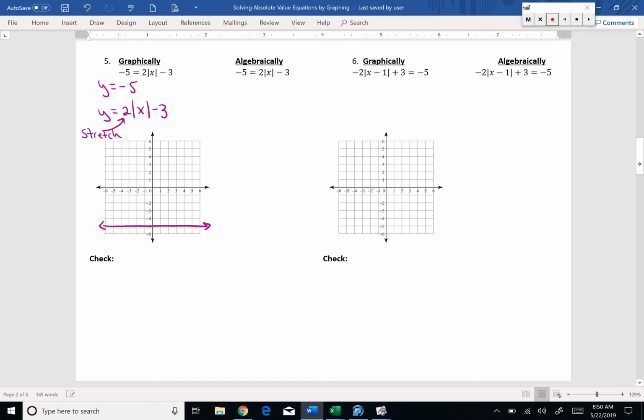All right, so that 2, it is bigger than 1, so it will tell me to stretch. It is also my slope. There's nothing happening inside the absolute value bars, so there's no left or right. The -3 is a down. Again, how much of that you write, maybe since this is your note sheet, might come in handy to label them.